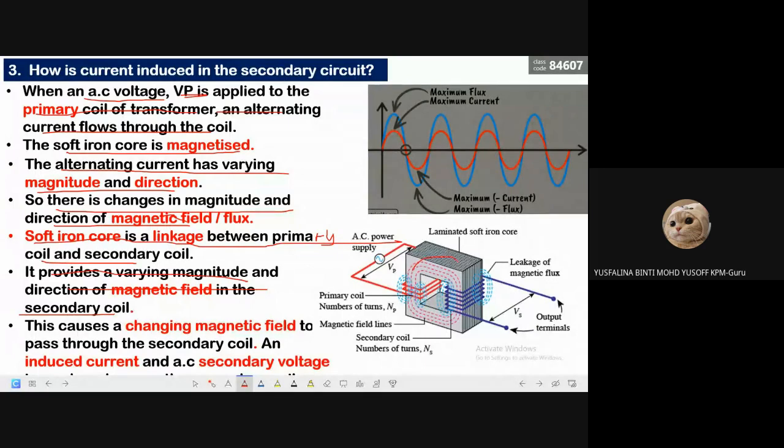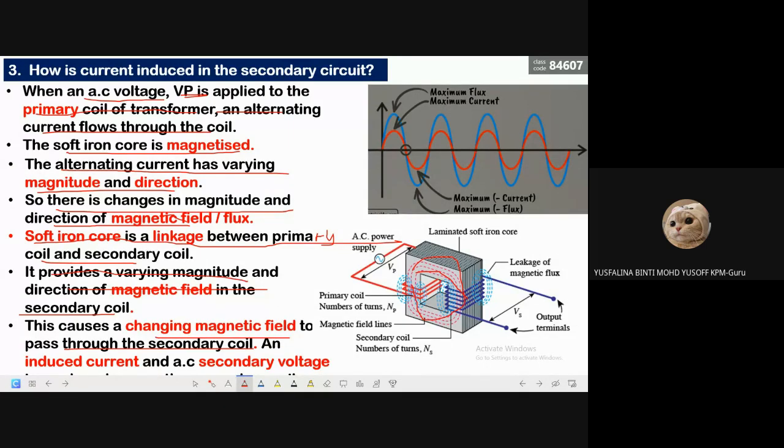So this causes a changing magnetic field to pass through the secondary coil. So when you transfer the changing magnetic flux here, this one also has magnetic flux, and must have a magnetic field because you transfer the magnetic fields here.